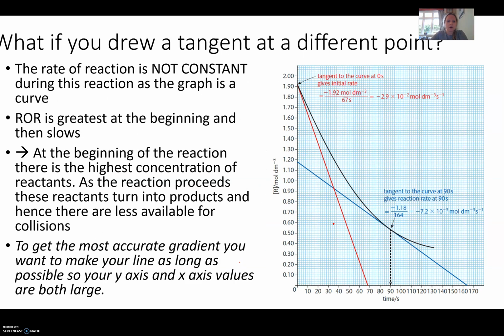Because rate's not constant, if you wanted to know various rates of an experiment over time, you'd have to do multiple tangents. So see here, you can see multiple tangents to the line. Up here, we've got a rate of 2.9 times 10 to the negative 2, but down here, we've got a rate of negative 7.2 times 10 to the negative 3. Now, I initially said on that very first slide that you can't have a negative rate.